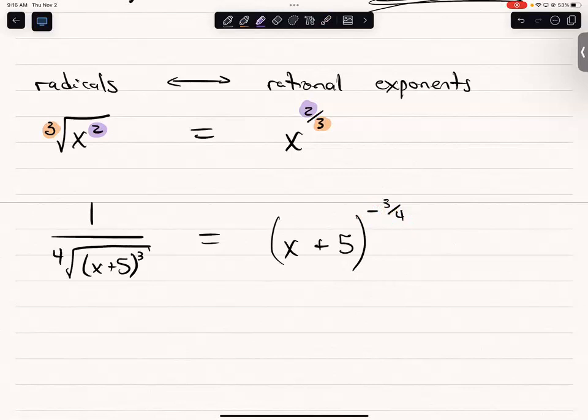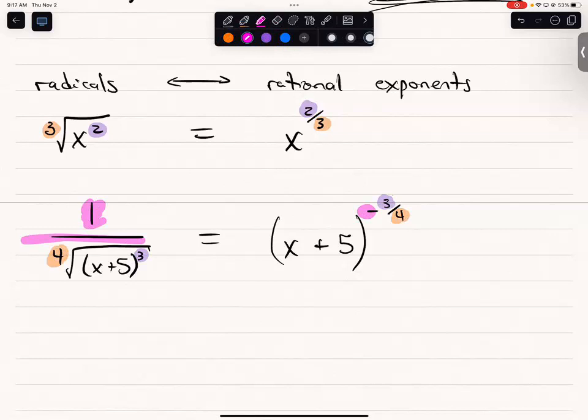So I'm just making it up. Root, power. I highlighted those things in the opposite way than the previous one. And then the negative is the reciprocal part.